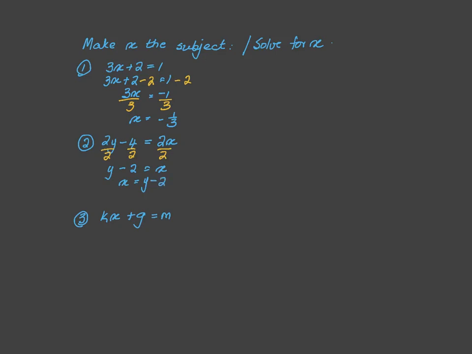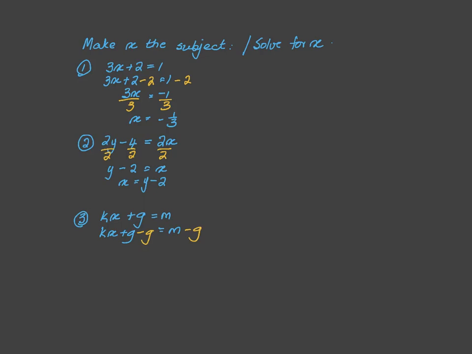Number 3. So this one's got a lot of letters in it, but it doesn't make any difference. You want to make x the subject of your formula. The first thing I need to do is subtract g from both sides. I have kx on the left-hand side plus g minus g is equal to m minus g.